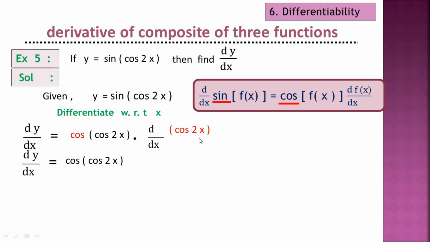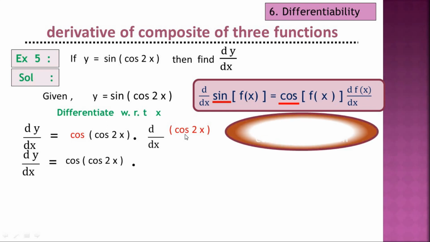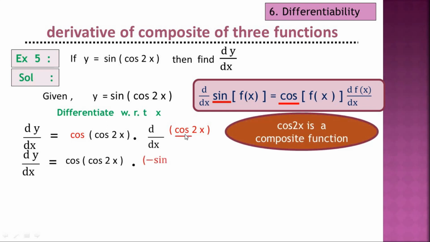So again you have to follow the composite rule. You have to identify which type of composite function it is. Again it is trigonometric. First we have cos, which is trigonometric. So what is the derivative of cos? Minus sine of the composite variable 2x as it is, into d by dx of this composite variable, that is 2x.